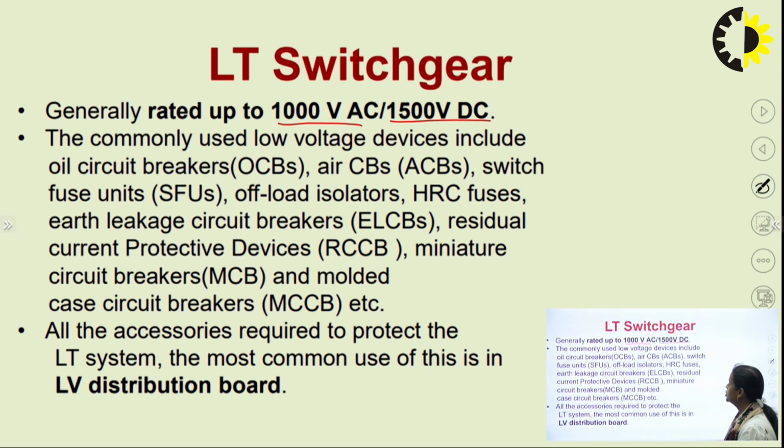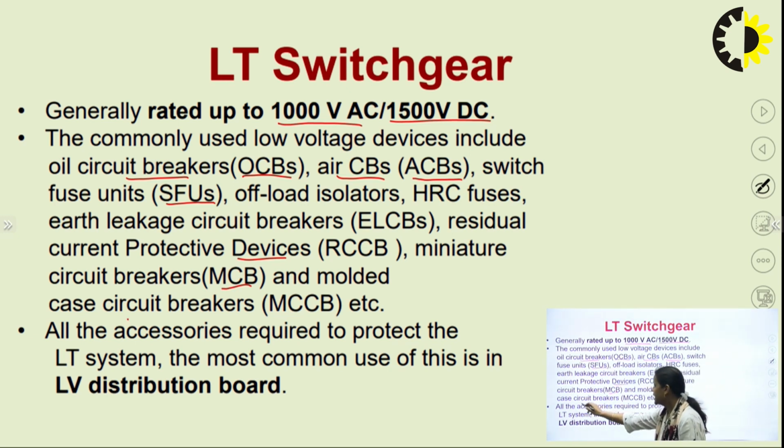The commonly used low voltage devices include oil circuit breaker, in short we write it as OCBs, air circuit breaker, that is ACB, switch fuse unit, that is SFUs, offload isolators, HRC fuses, earth leakage circuit breakers, residual current protective devices, miniature circuit devices and molded case circuit breaker, that is MCCB, etc. All these come under LT switchgear, all the accessories required to protect the LT system. The most common use of this is in LV distribution board.